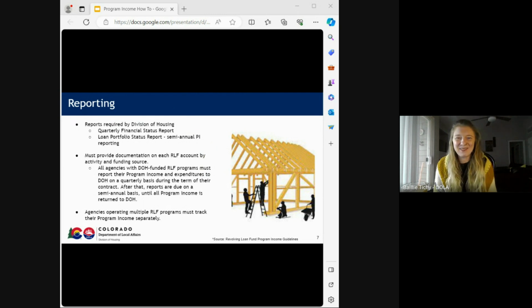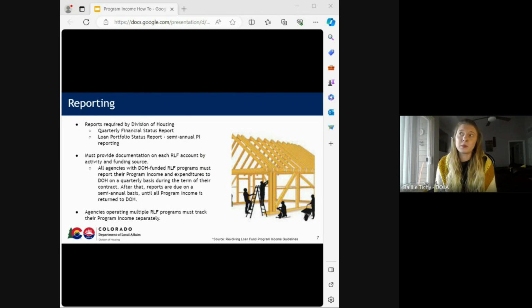And then you must provide the documentation on each RLF account by activity and by funding source. This is something new-ish. Our current guidelines, the 2018 program income guidelines, suggested that all funding sources and activities be separated by account.